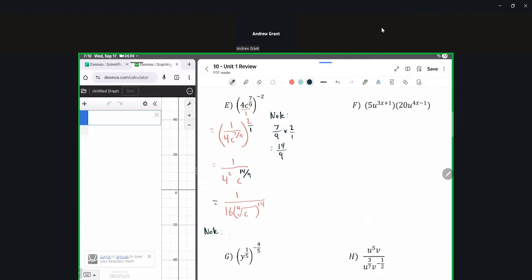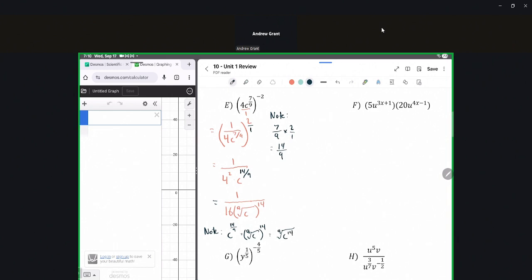All right, so do recall here as a note that if you have c to the power of 14 over 9, that's the same thing as the 9th root of c to the power of 14, which is also the same thing as the 9th root of c, to the power of 14.